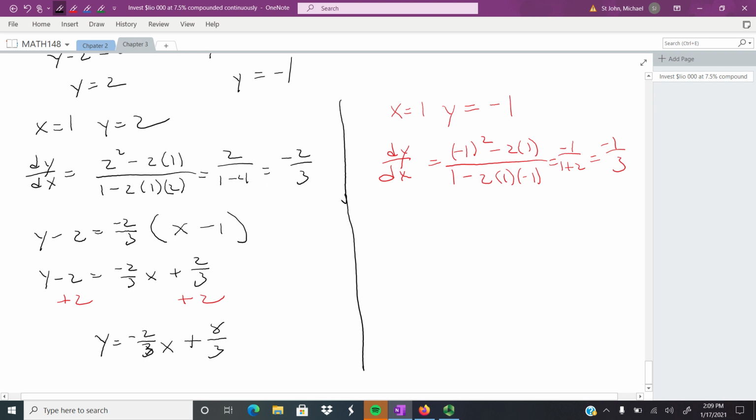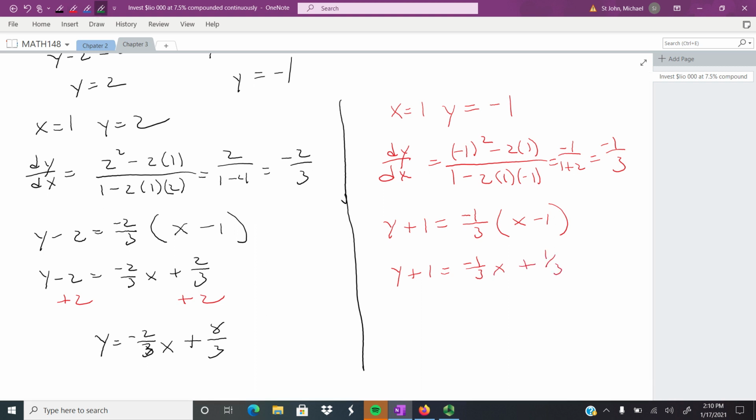And then if we go to the other side, now we're going to have y plus 1 equals negative 1/3 times x minus 1. And again, solve this for y. So y plus 1 equals negative 1/3 x plus 1/3.